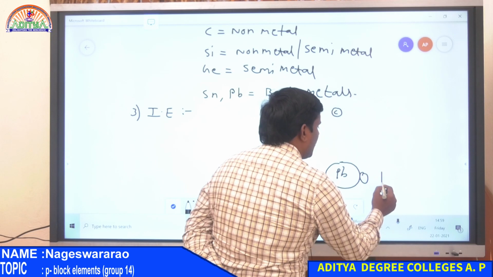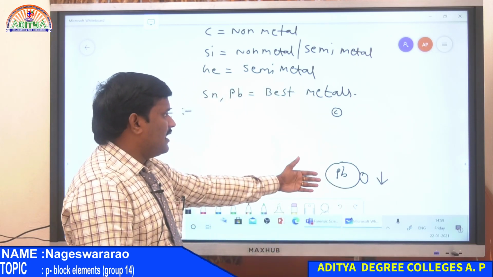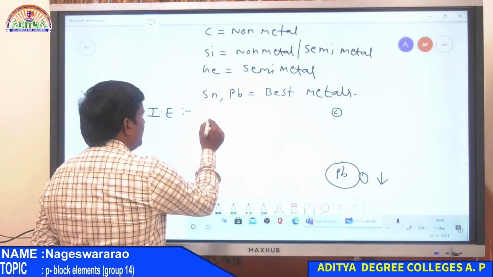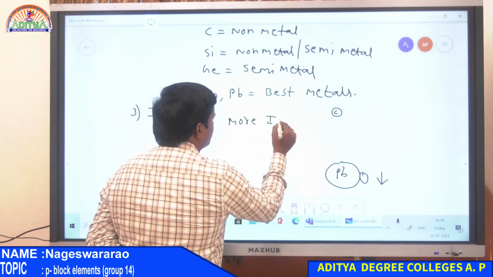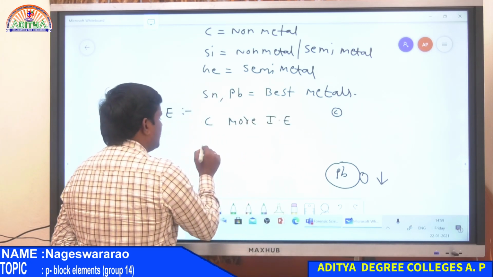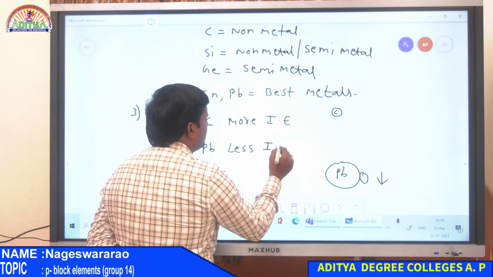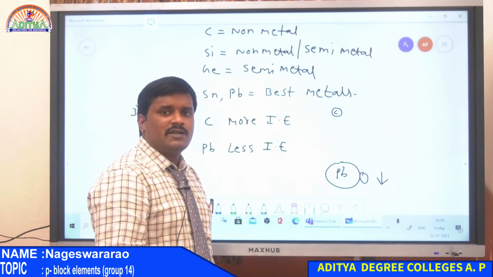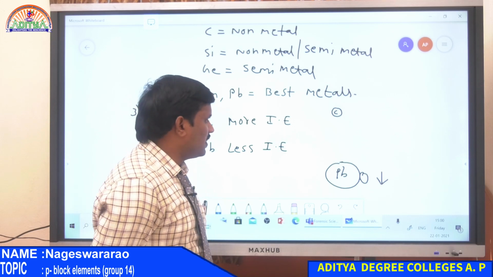Therefore, ionization energy is less for lead and more for carbon. Carbon has more ionization energy and hence lead has very little ionization energy. This is because from top to bottom atomic size increases and the electron is removed easily from the nucleus.